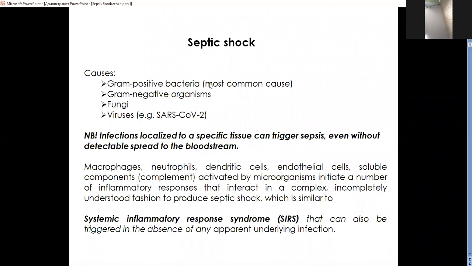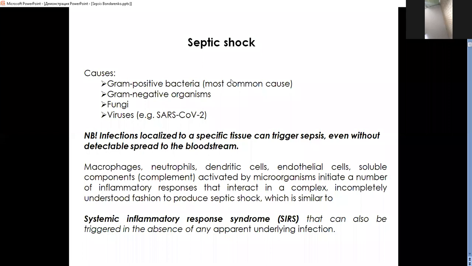In fact, today I rechecked the incidence of septic conditions and figured out that there is a certain evolution in the balance of incidence between gram-positive and gram-negative organisms.